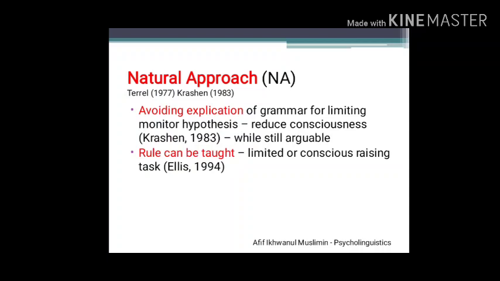So here in the natural approach, Krashen promotes that we have to change the way we teach grammar. We have to limit the teaching of grammar to avoid what is called consciousness. Because when someone learns grammar consciously, they will always be conscious when using the language, compared to when you are remembering your native language acquisition.